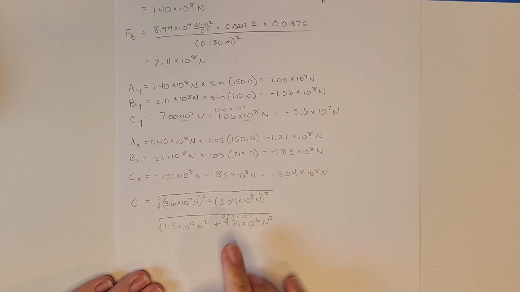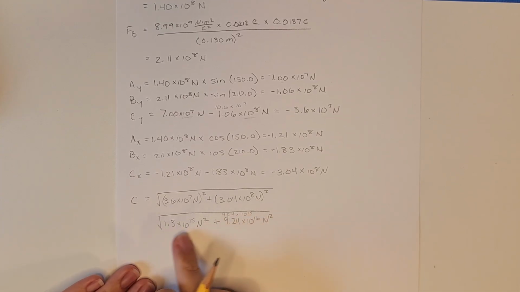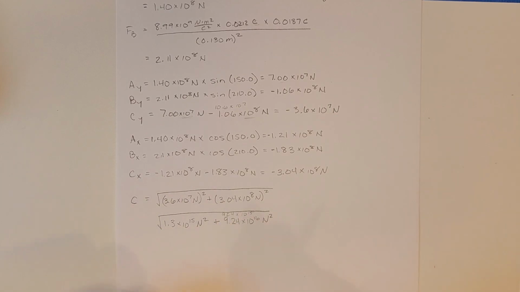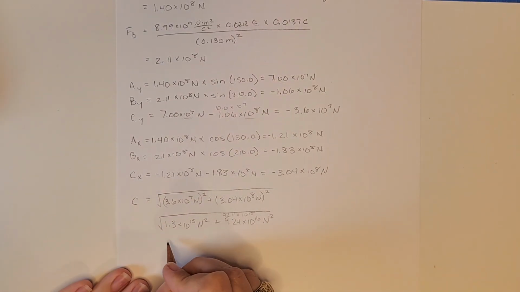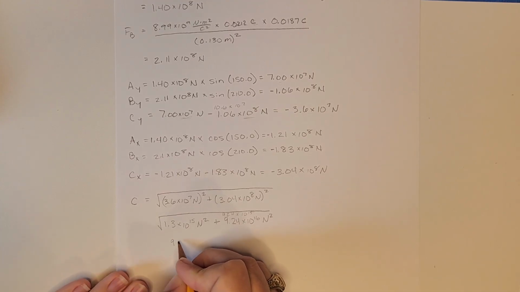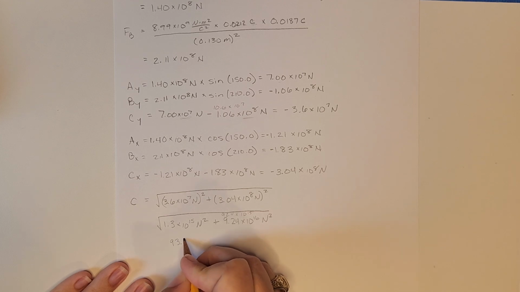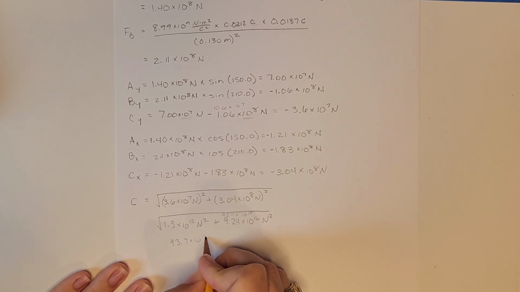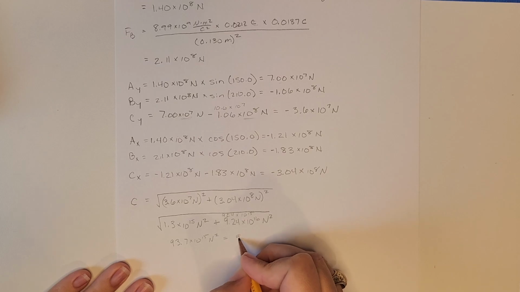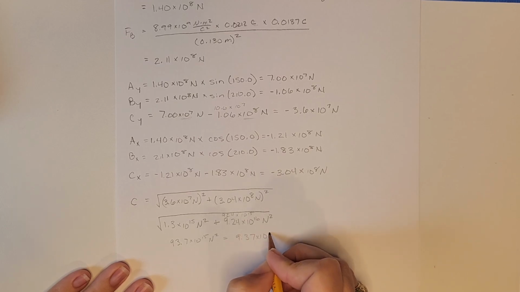So we're actually in both cases at the 10 to the 15th place. When we add those together, we get 93.7 times 10 to the 15th square newtons, which equals 9.37 times 10 to the 16th.